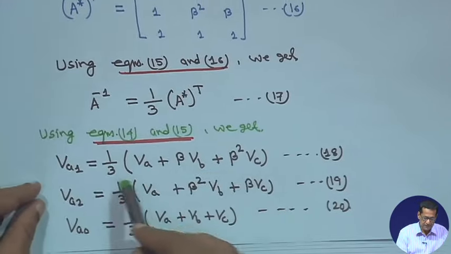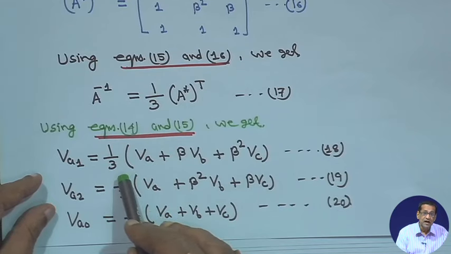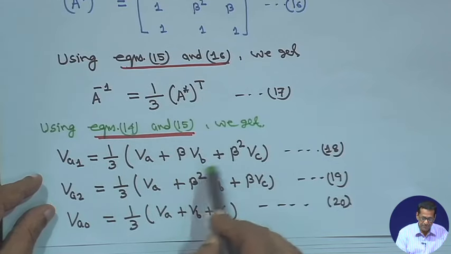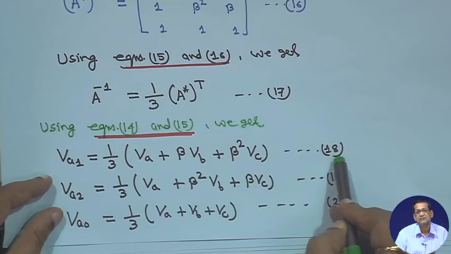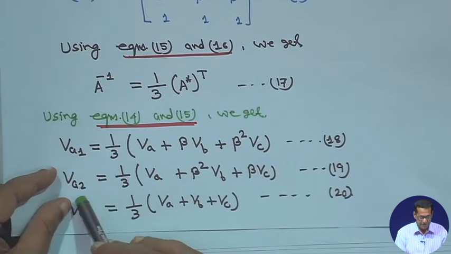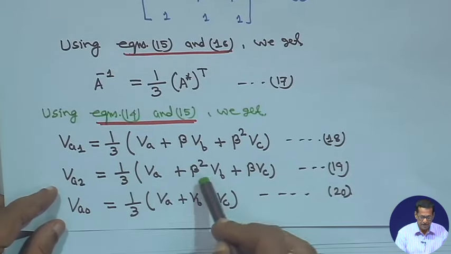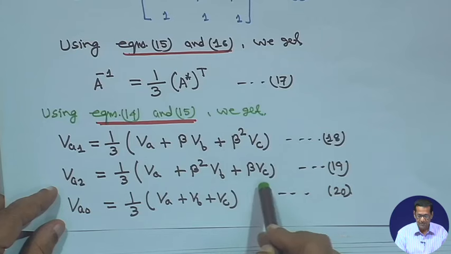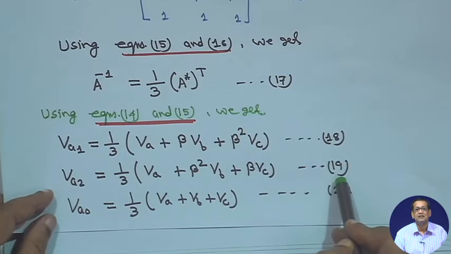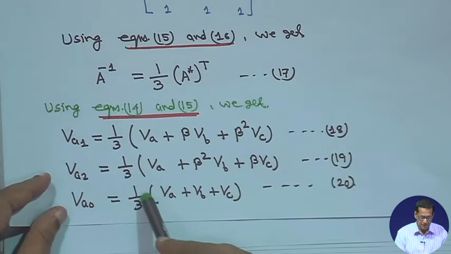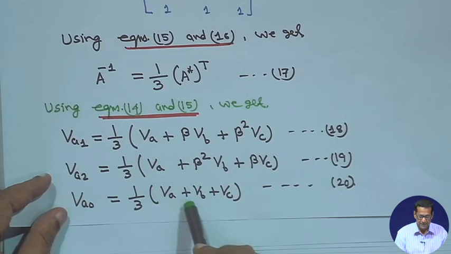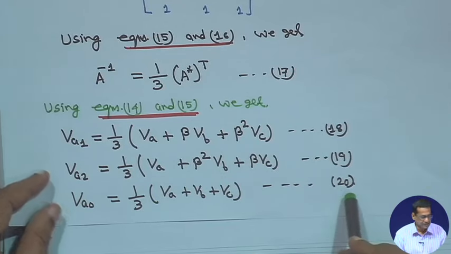So, V a1 is equal to 1/3 (V a plus beta V b plus beta square V c), equation 18, and V a2 is equal to 1/3 (V a plus beta square V b plus beta V c), equation 19, and V a0 is equal to 1/3 (V a plus V b plus V c), equation 20.